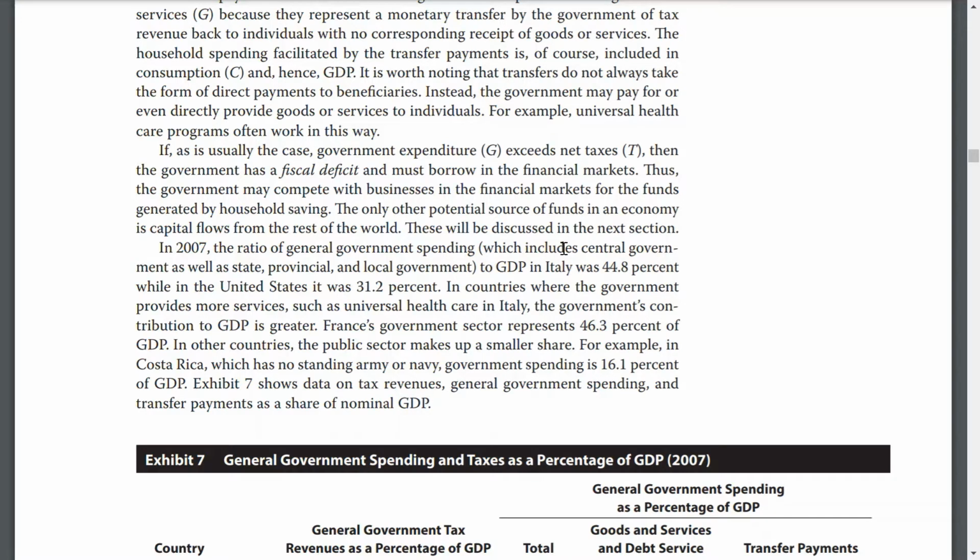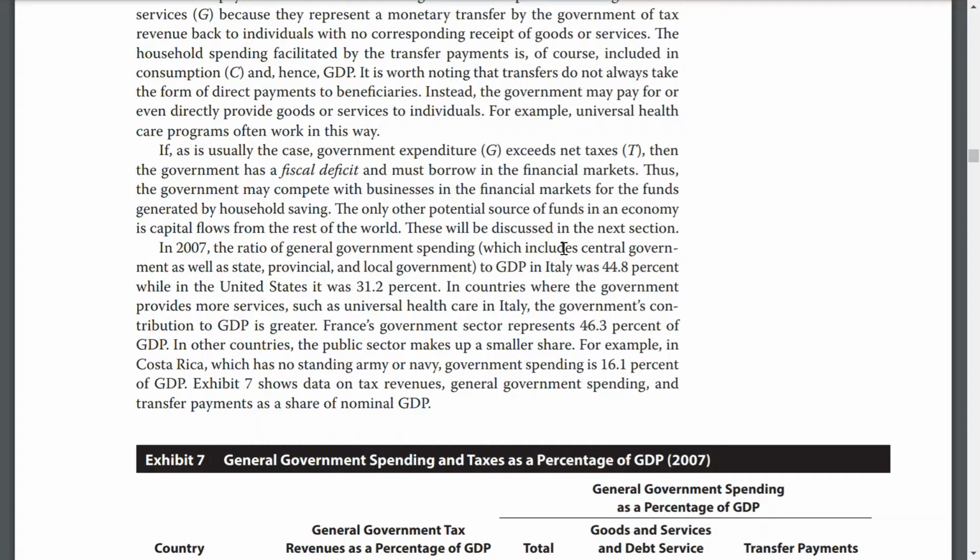In 2017, the ratio of general government spending, which includes central government as well as state, provincial, and local governments, to the GDP of Italy was 44.8%, while in the United States it was 31.2%. In countries where the government provides more services, such as universal health care in Italy, the government's contribution to GDP is greater.